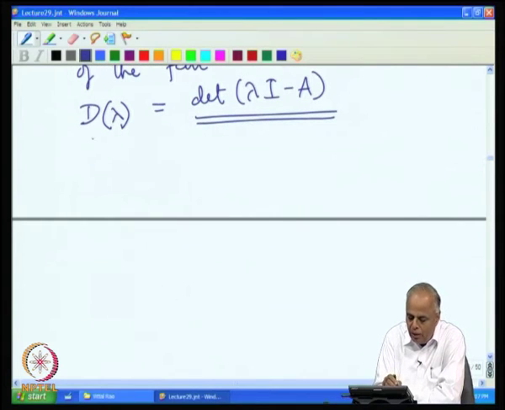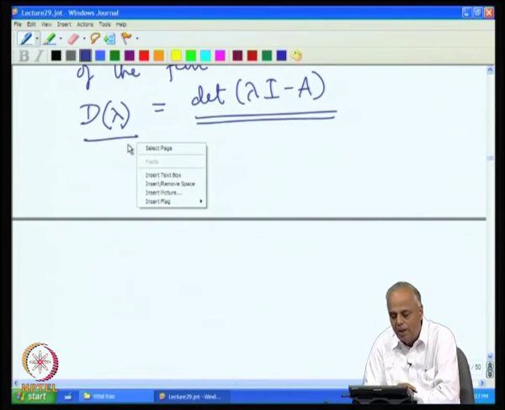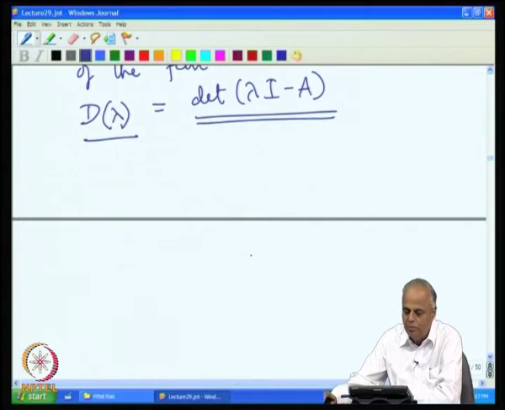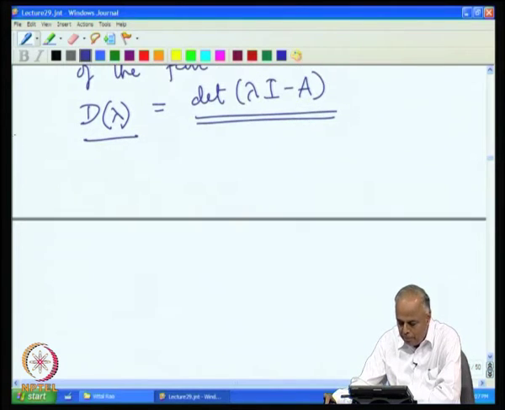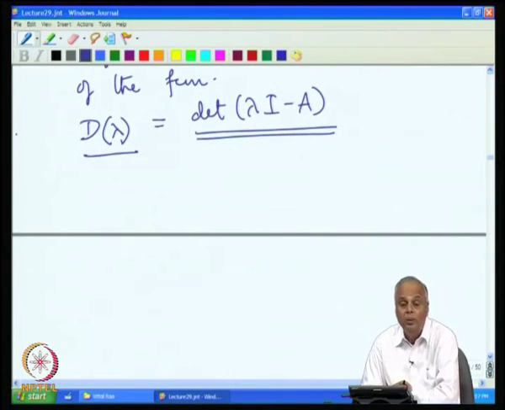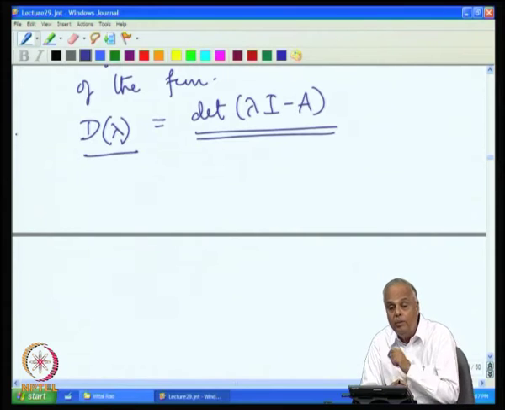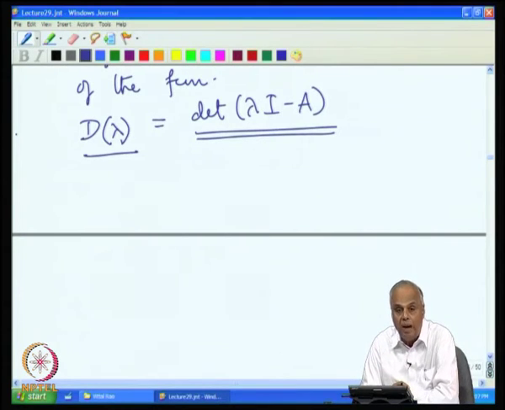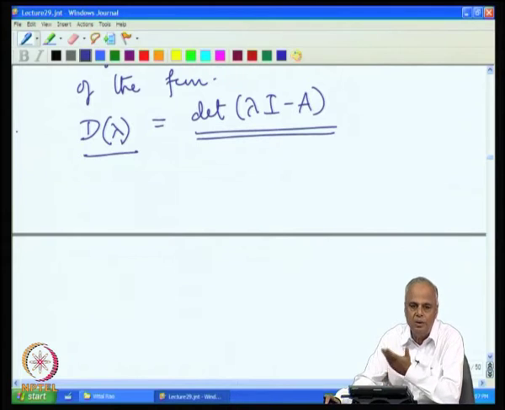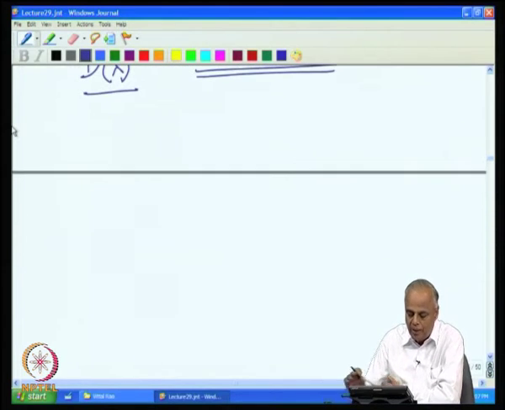So, every root of this function d lambda must be an eigenvalue of A. So, the search now depends on the zeros or the roots of this function d lambda. Now, we have some control of our search for the eigenvalues, and therefore, we must analyze this function d lambda in order to understand better its zeros, because the zeros are going to be our eigenvalues.